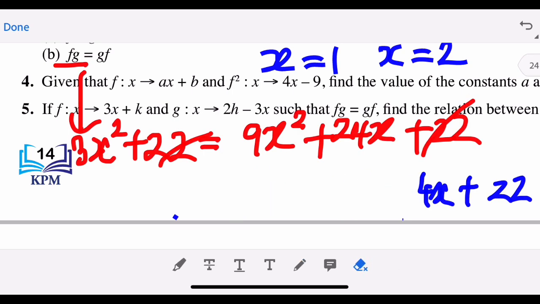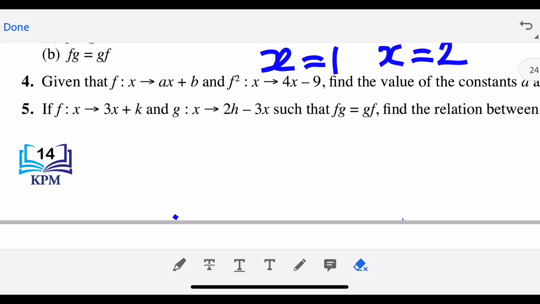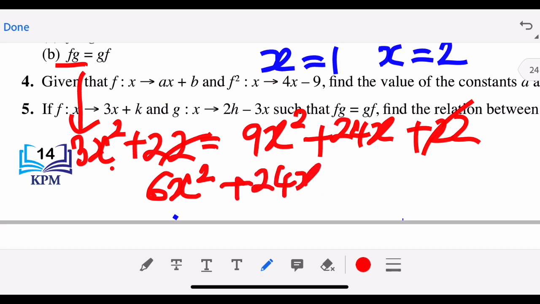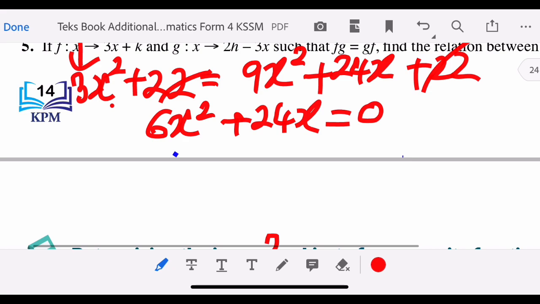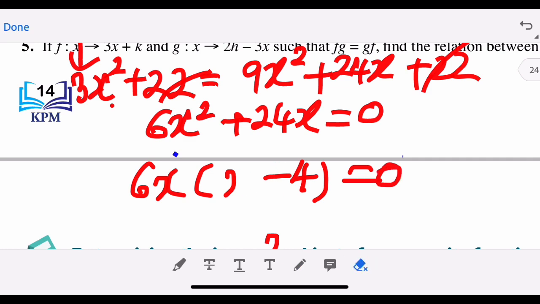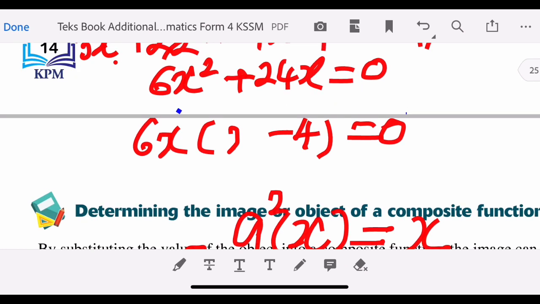So now we can cancel out 22. Finally, we bring everything to the right, it will be 6x squared plus 24x equal to 0. How to solve this? You have to factorize the common factor like this, and let the factor equal to 0.